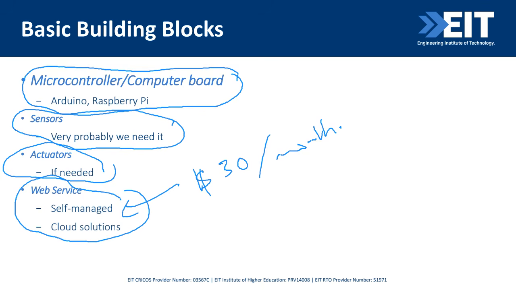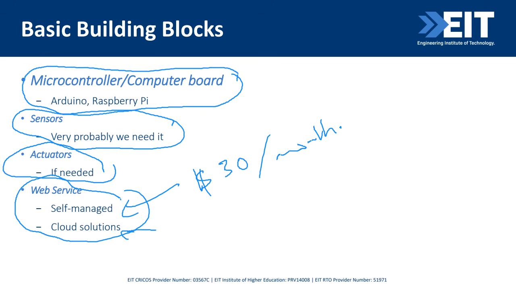You build your service, and with some programming, you have your web service available, meaning the data sent by your sensors and actuators would be stored on the server in a database, and once it's on the server, you can create interfaces to access this data from any smartphone, for example. Or you can use existing solutions, what's called a cloud solution.